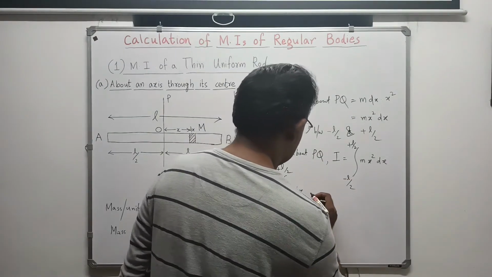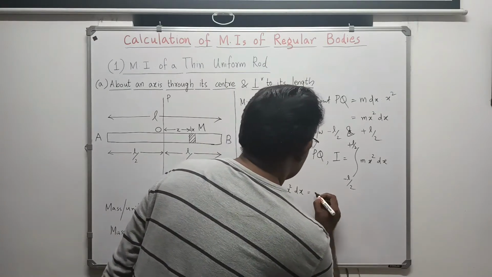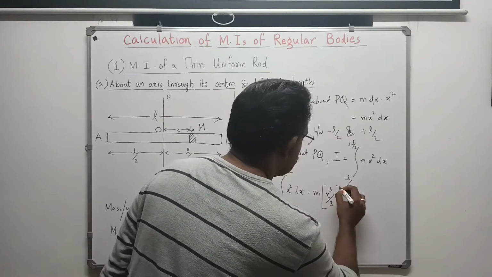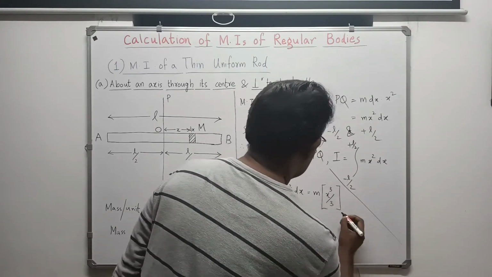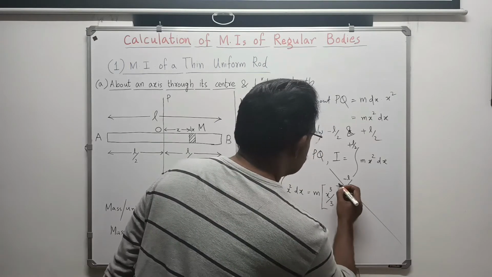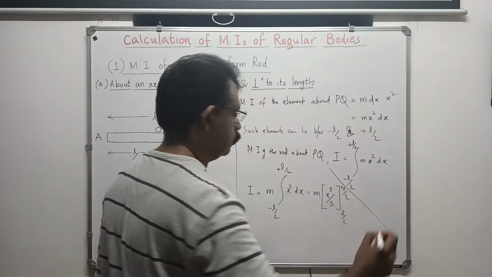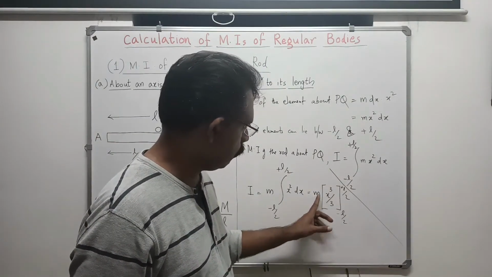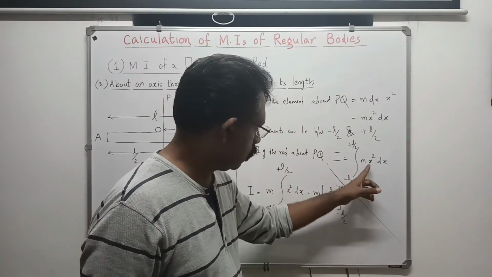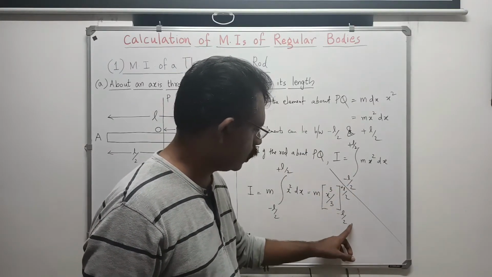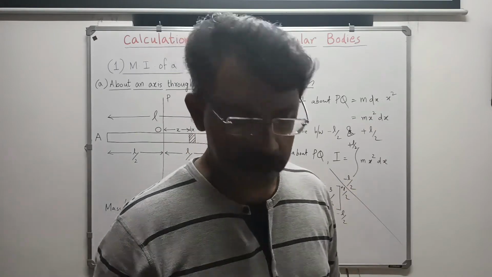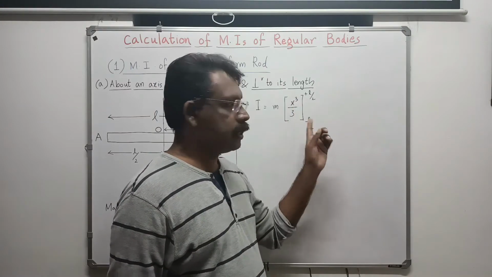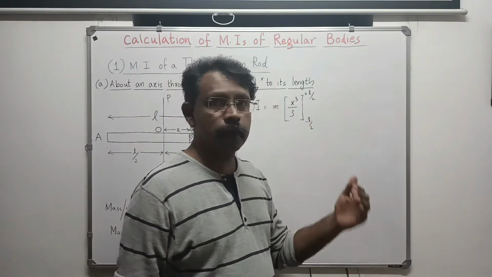So I can write this as m into x cube by 3, and you are applying the limit minus L by 2 to plus L by 2. So we have m taken out, x squared dx is x cube by 3, and we apply the limit minus L by 2 to plus L by 2. I equals m into x cube by 3, applying the limit minus L by 2 to plus L by 2.